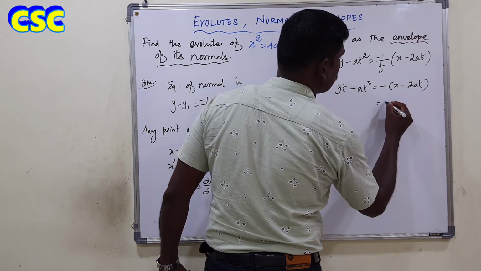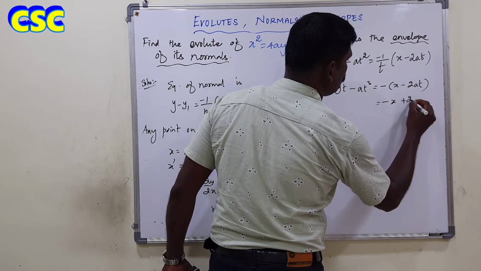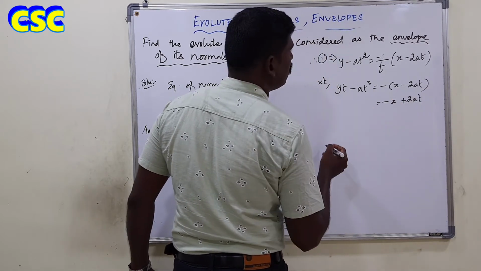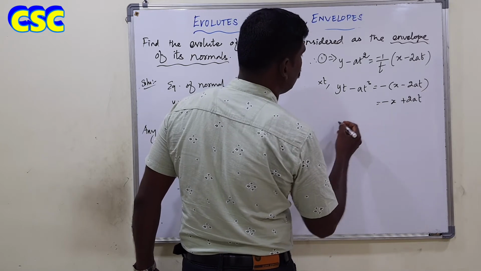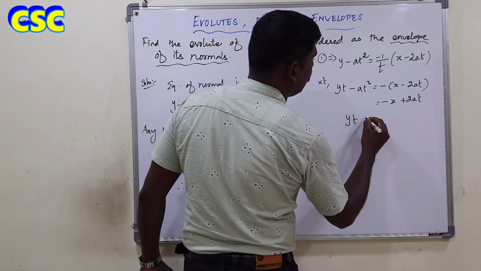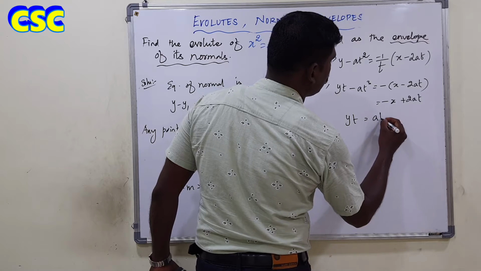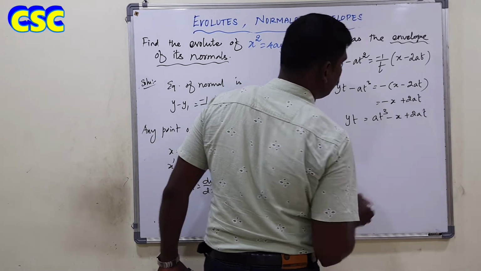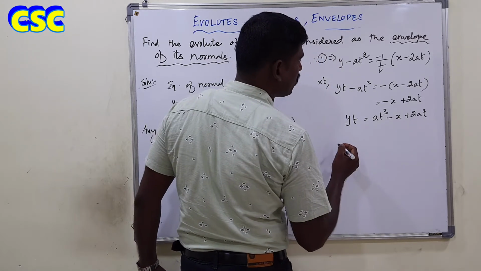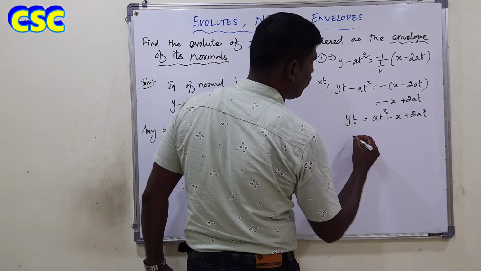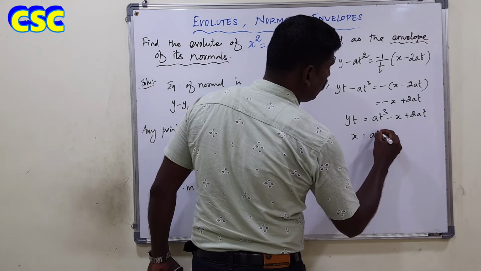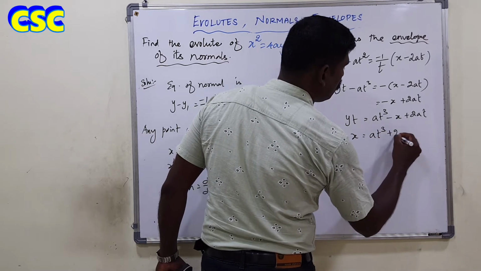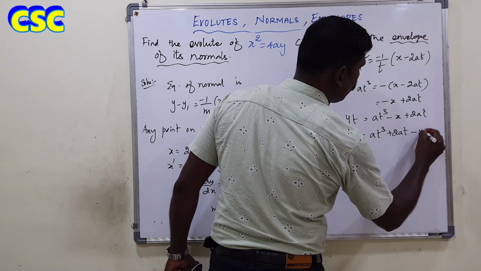Isn't it? Multiply this minus in this bracket. So minus x plus 2at. Right? Now I am taking this into the right hand side. So yt equal to at cube minus x plus 2at. I am taking this minus x into the left hand side and this yt into the right hand side. So x is equal to at cube plus 2at minus yt.